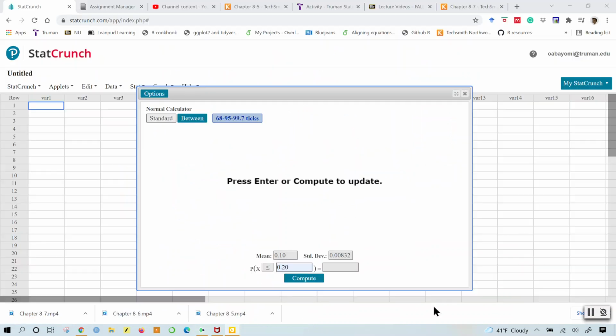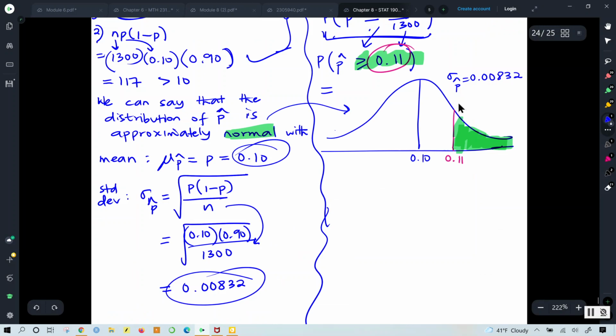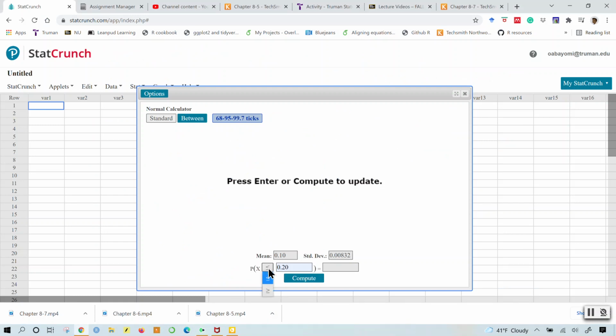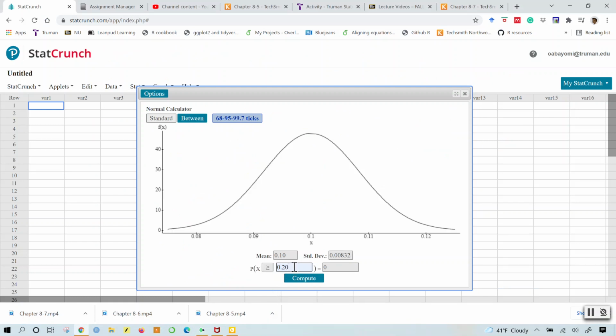Let's do that. So here I am in StatCrunch. I'm keying in the mean and the standard error, and I am interested in the probability greater than or equal to 0.11. So I will key that in, greater than or equal to 0.11, and enter.